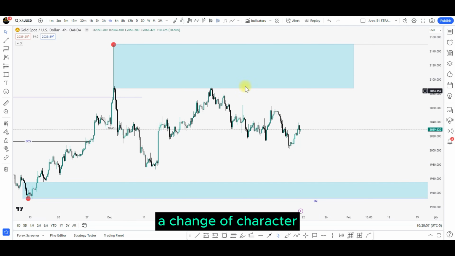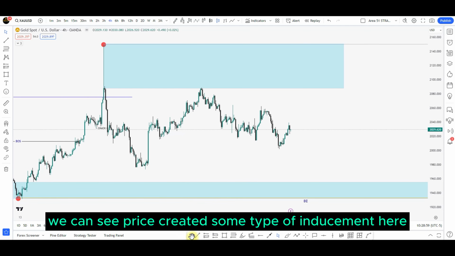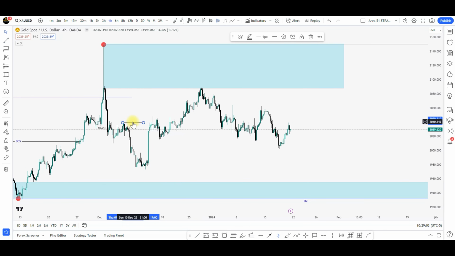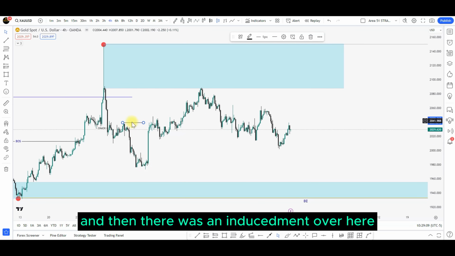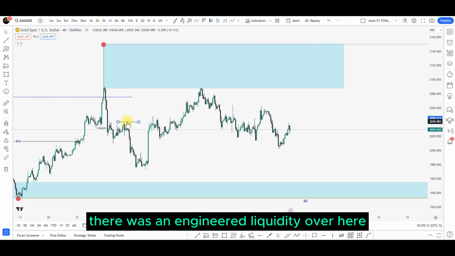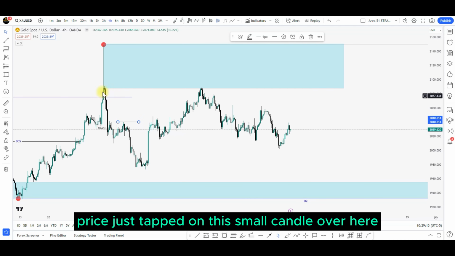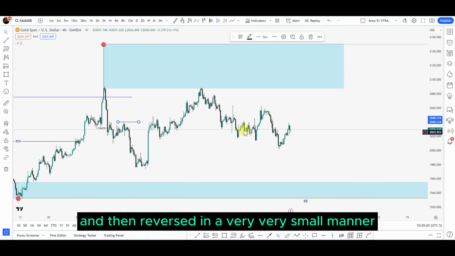A change of character. We can see price created some type of inducement here. First it went down all the way, and then there was an inducement over here. There was an engineered liquidity over here, and then we can see price just tapped on this small candle and then reversed in a very, very small manner.